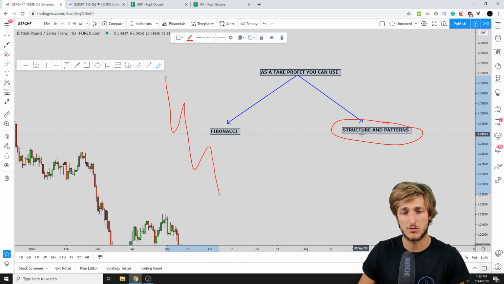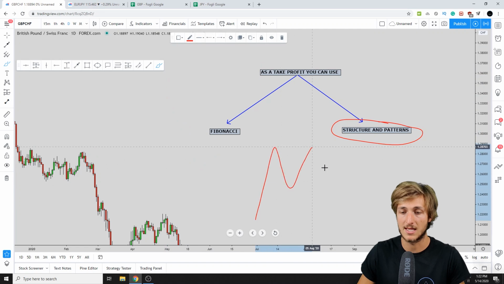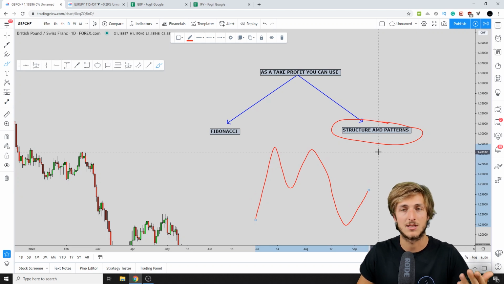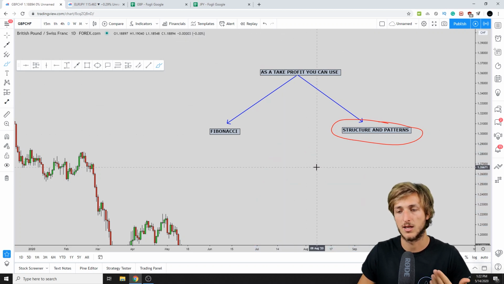So you can't use structure, but you can use Fibonacci on the other side. If you have a market that has a lot of structure because it's more or less moving sideways, then you can use the nearest levels of structure to take profits. And I will now show you exactly how to do that.